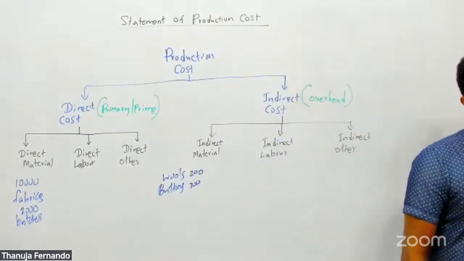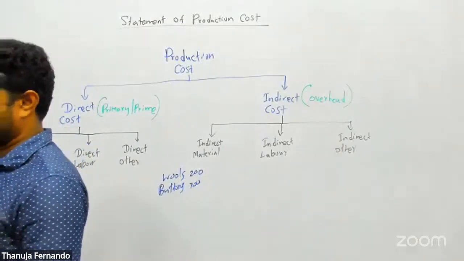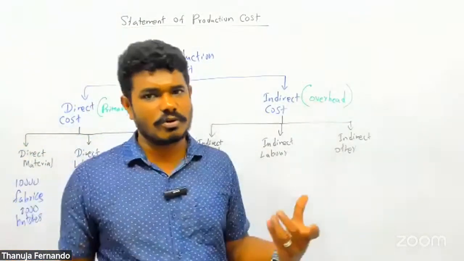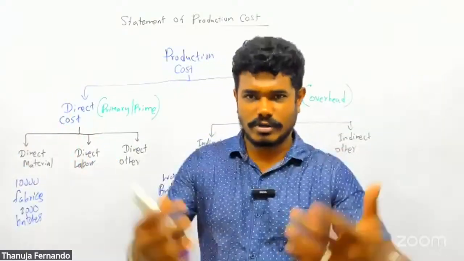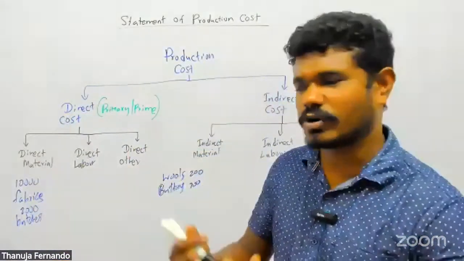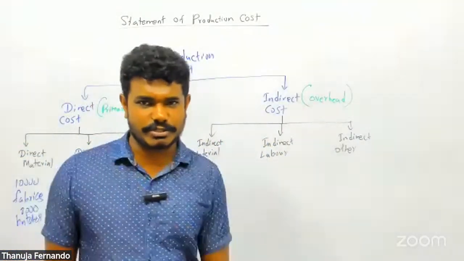Then direct other, right? Direct other. I don't know whether you know this or not. As a book, let's say you wrote a book, and you decided to publish it, right?